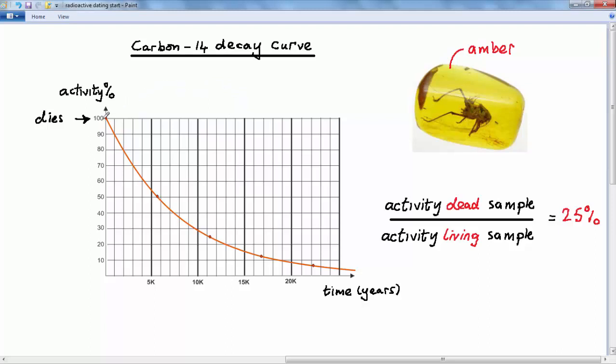So let's do that. We're starting off with 100%. We've dropped by 50%. That's one half-life. And then we've dropped by another 50% of that to 25%. That's another half-life. So let's draw a line across here from 25%, and we'll draw the line downwards, and this will tell us the age of the insect.